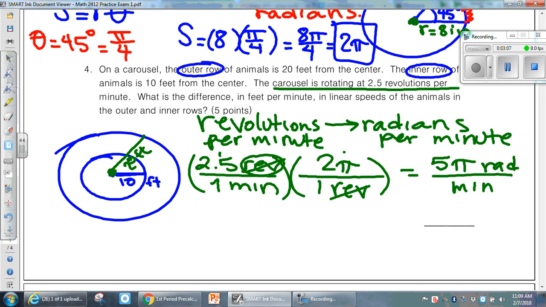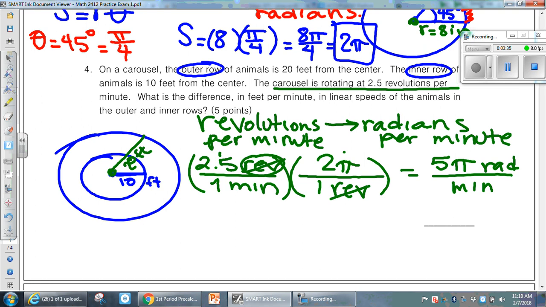Now, that's not the question at all. The question is, what is the difference in feet per minute in linear speeds of the animals in the outer and inner rows? So we actually have to solve 2 problems and then calculate the difference by subtracting. Which one is going to be going faster, the inner row or the outer row?